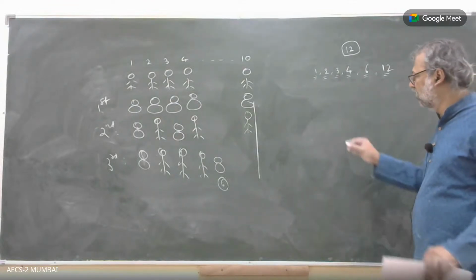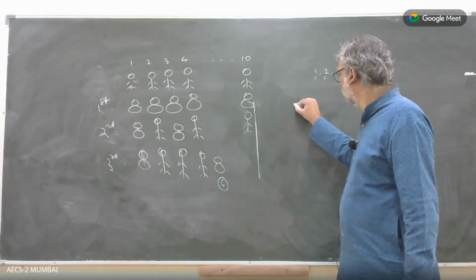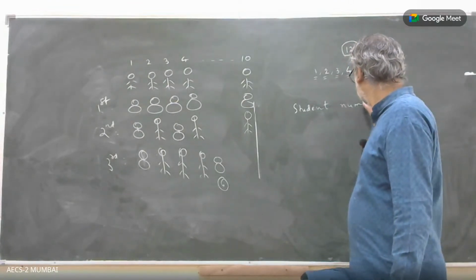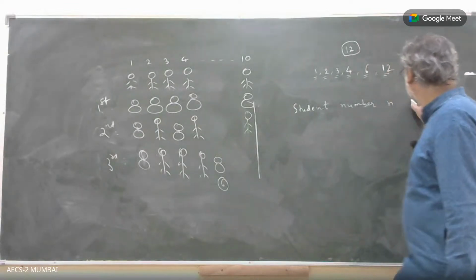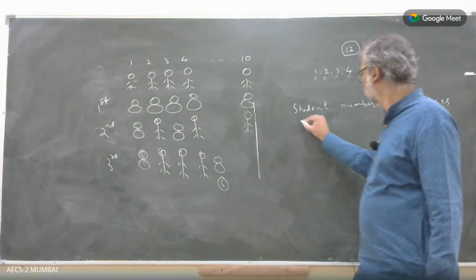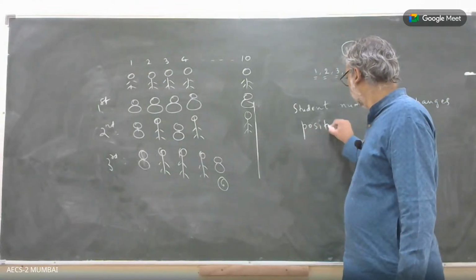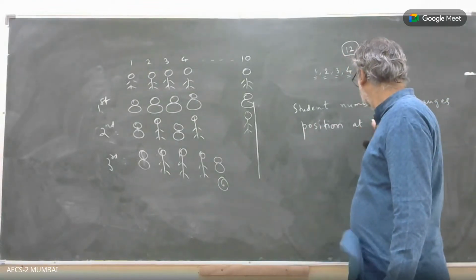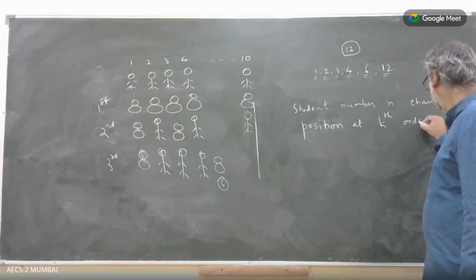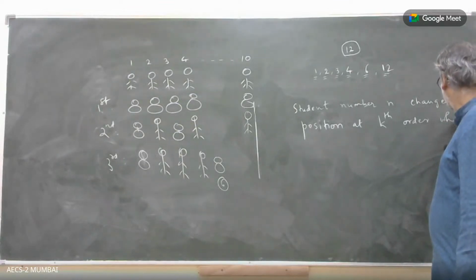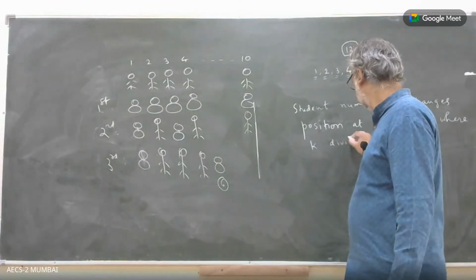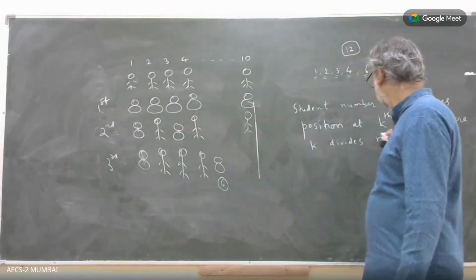So it should say: student number n changes position at the kth command where k divides n, right?